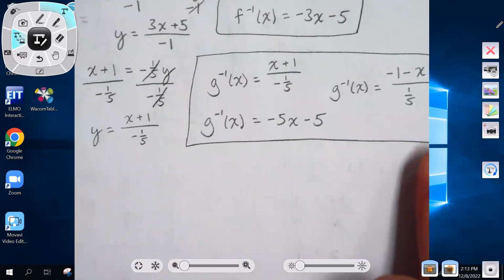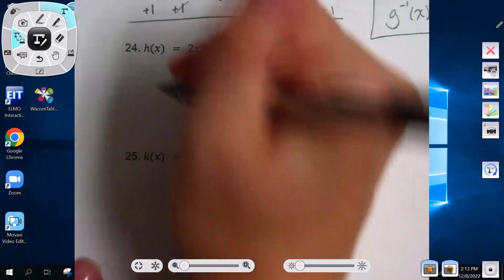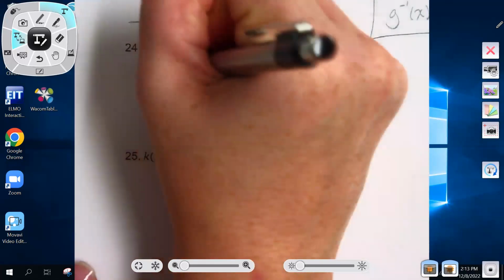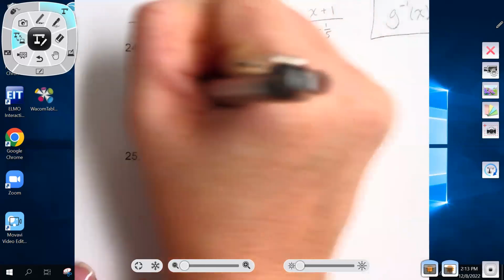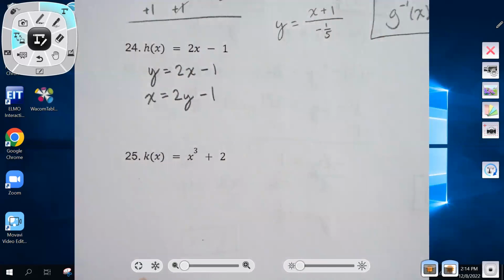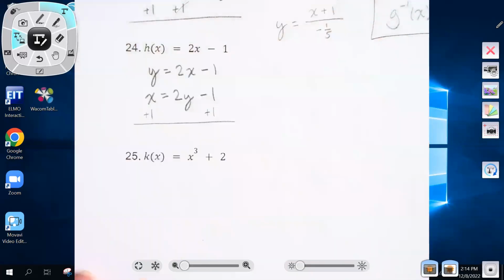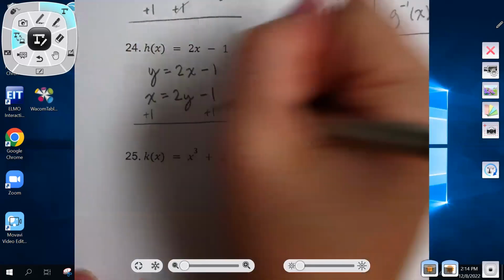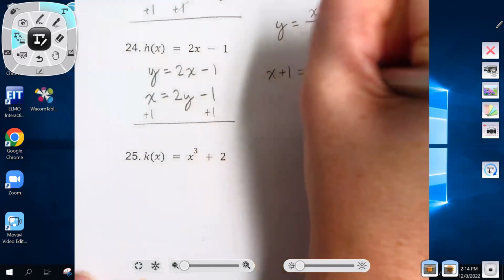Number 24. Change function notation to y. Flip the x and the y. And then we want to solve for y. So I'm going to add 1 to both sides. That gives me x plus 1 equals 2y.